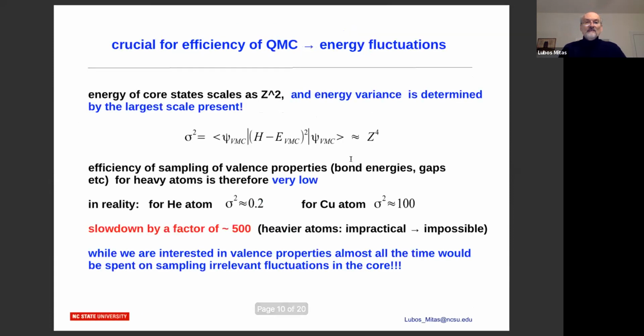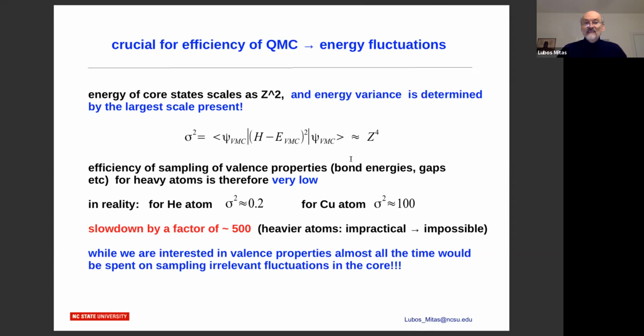Okay, so why am I mentioning and emphasizing the energy aspect? Because of the following reason. We know that the statistical methods always depend on a crucial point in the method, which is the variance. And variance is determined by the largest scale which is present in the sampling.